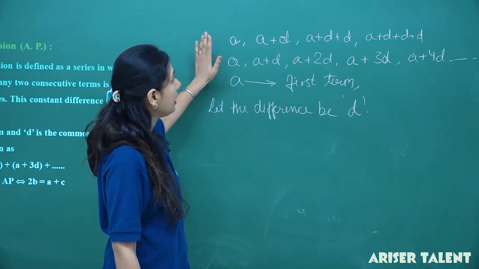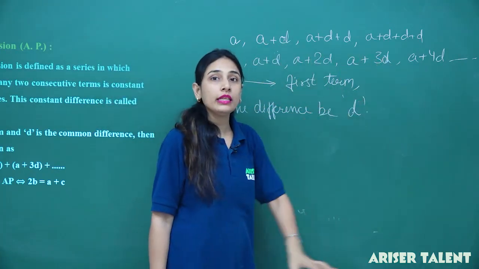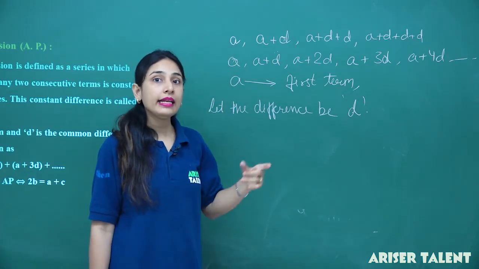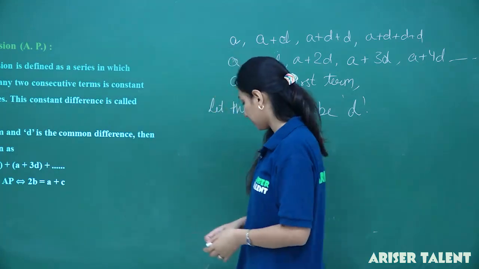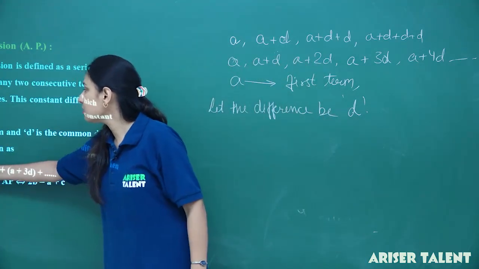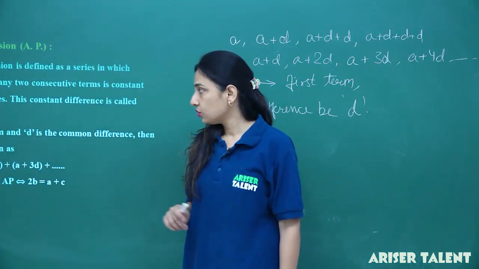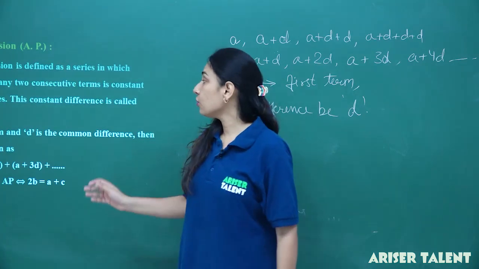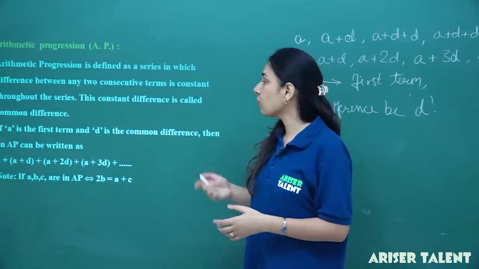So now you have A plus D, A plus 2D, A plus 3D, A plus 4D, and you also know how these terms have arrived. So this is the way your arithmetic progression is going on.